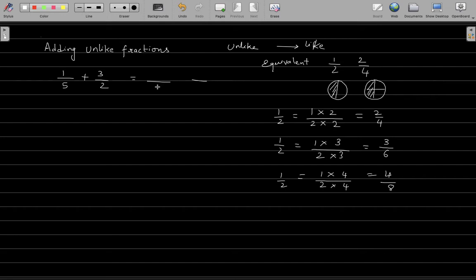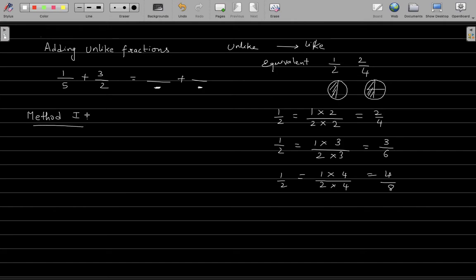The denominator of the first fraction and the denominator of the second fraction must be the same. And how are we going to do this? We have two methods to add unlike fractions. In this video, let us discuss the first method.